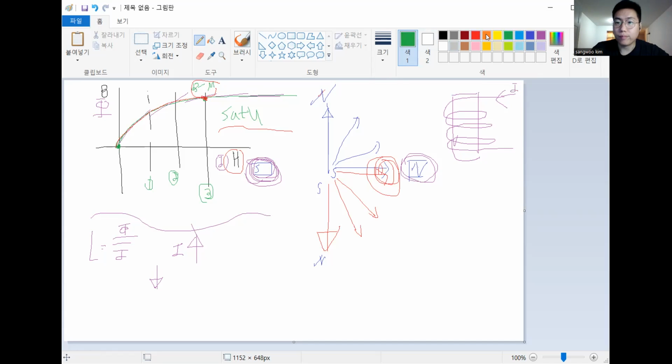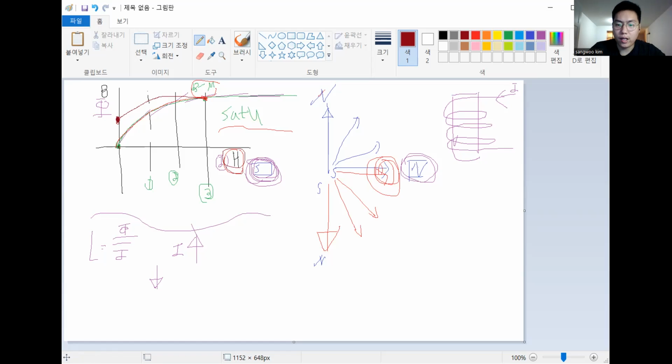What happened is like this. Between them there's a gap, right? Even when H is 0, flux still exists. You see?